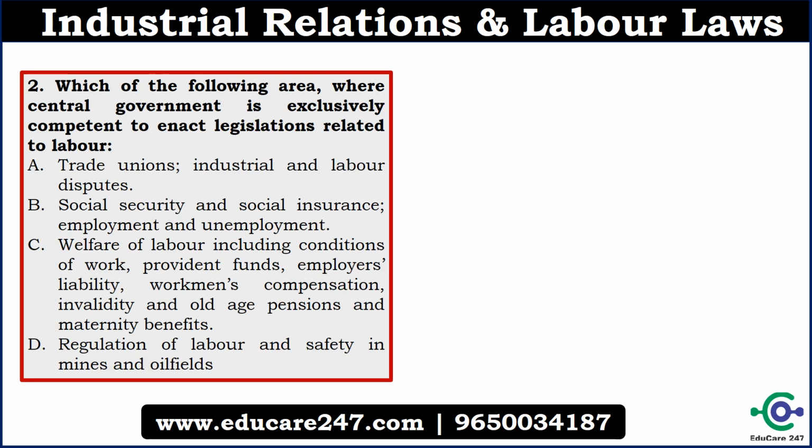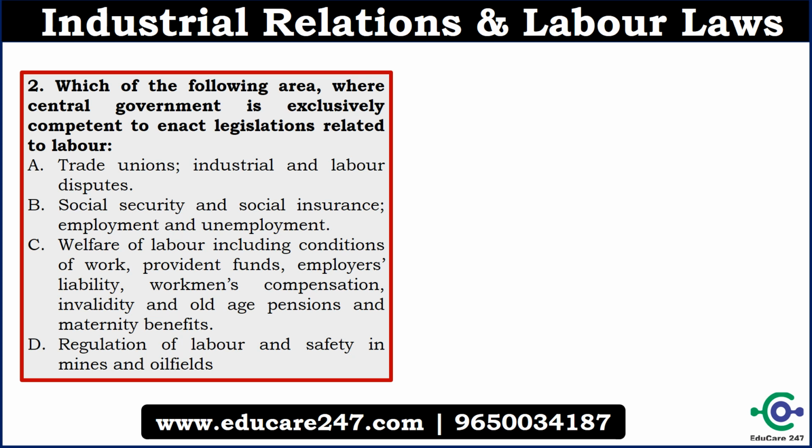The next question is, in which of the following areas is the central government exclusively competent to enact legislation related to labor? Now you have to tell the area where only the central government can make the law. Option A is trade unions, industrial and labor disputes. Option B is social security and social insurance, employment and unemployment.